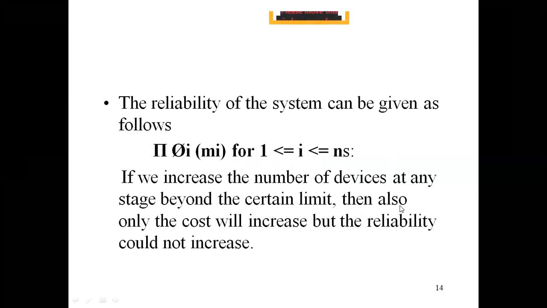If you increase the number of devices at any stage beyond a certain limit, then only the cost will increase, but the reliability will not. There is a limit. Beyond that limit, even though you increase the number of devices, the reliability will not improve.